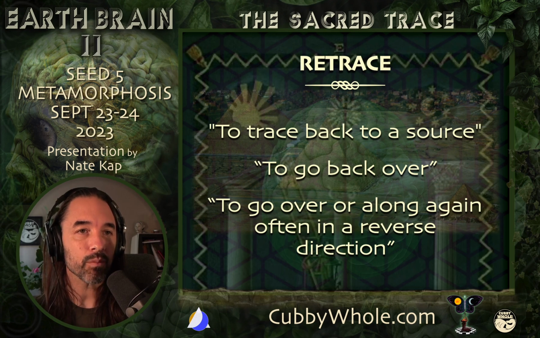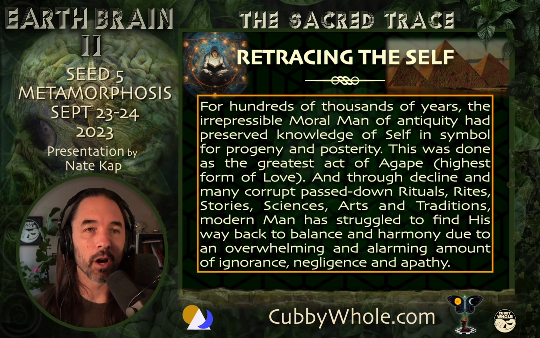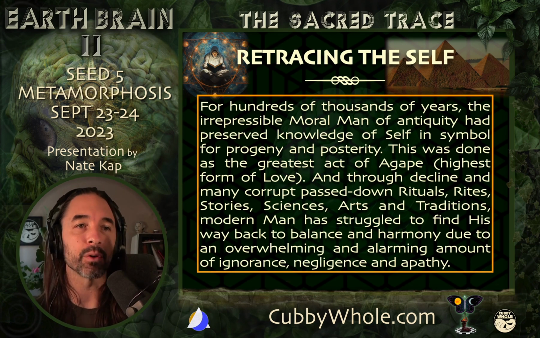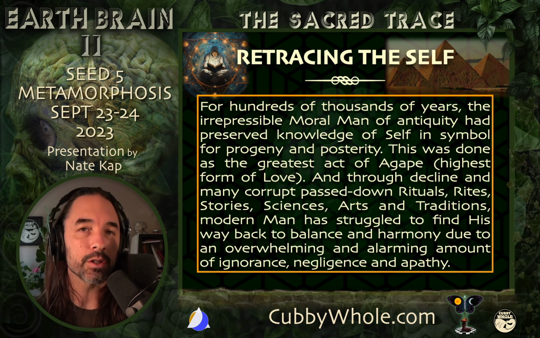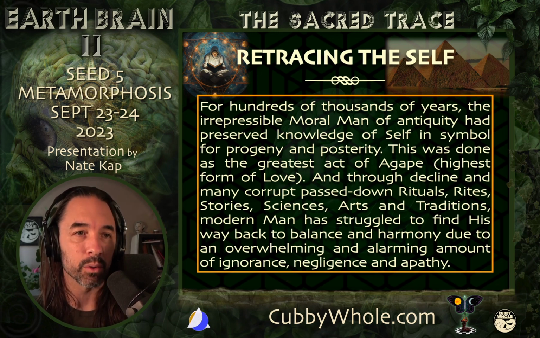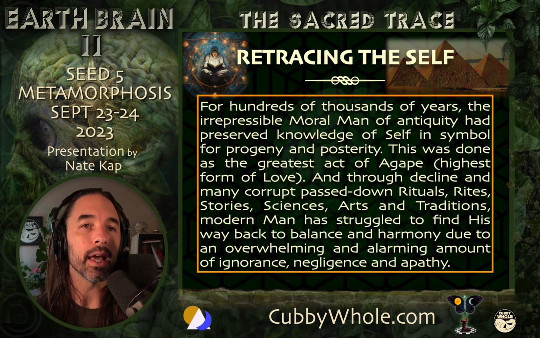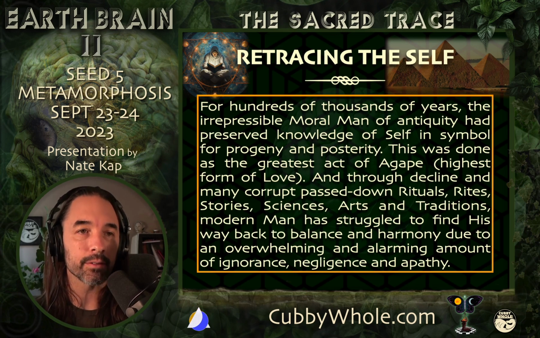For hundreds of thousands of years, the irrepressible moral man of antiquity has preserved knowledge of self in symbol, for progeny and posterity, for future generations to have a fighting chance in evolution. And this was done as the greatest act of agape, the highest form of love.